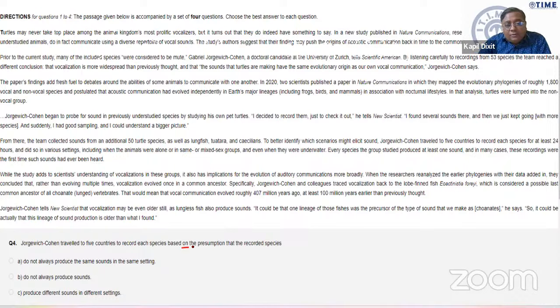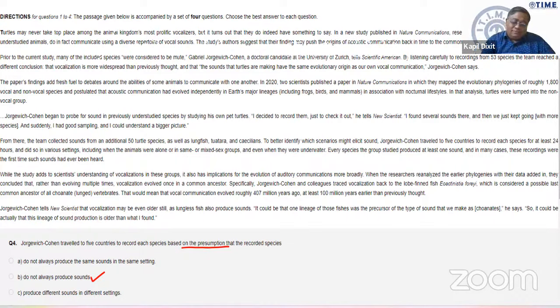Question number 4. On the presumption that the recorded species. This question is asking you for a presumption. Question number 4. The answer is that they do not always produce sounds. That is what he was working on.